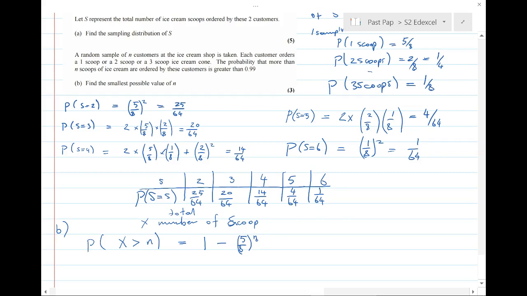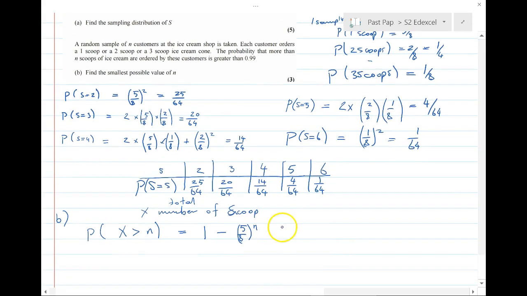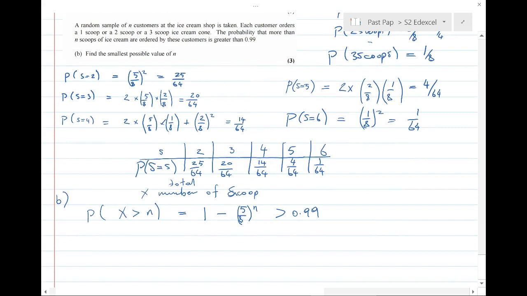And we are told that this is greater than 0.99. So, as I say, it took a bit of getting my head around that. It all boils down to the fact that the only way it can't happen is if every single person goes for 1 scoop. Otherwise, we've got more than n already. So anyway, rewriting that gives us (5/8) to the n has got to be less than 0.01.